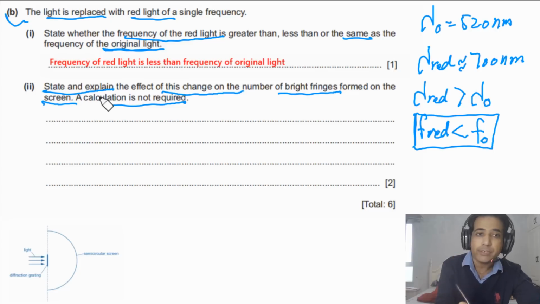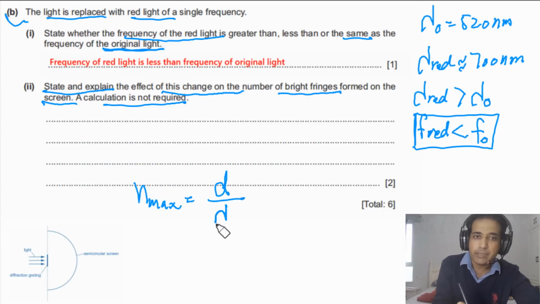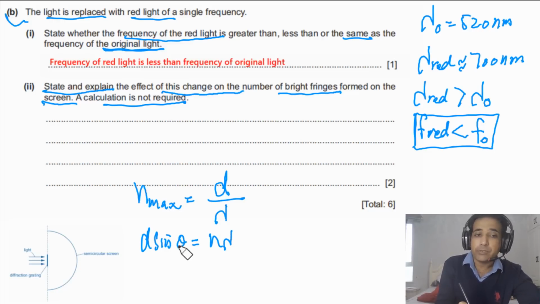We have already discussed that n max is equal to d divided by lambda. You can understand it in a little more detail: d sine theta is equal to n times lambda. As theta is 90 degrees, d is equal to n max times lambda.